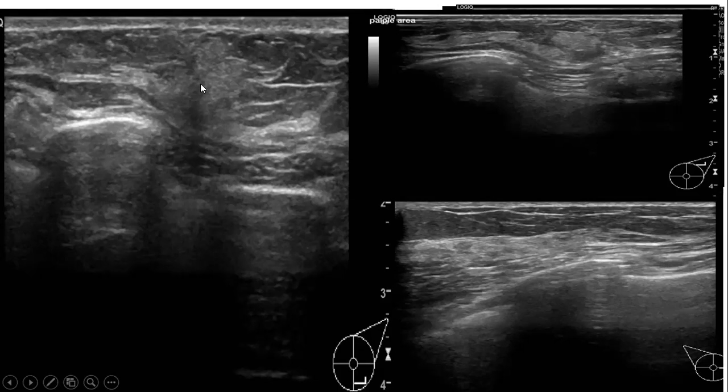I'm not the one who did this image, I just picked the image from the system, but from my experience, I suspect it was missed because of hyper-echogenicity. The lesion is hyper-echogenic, like the parenchyma. That is why it was missed.